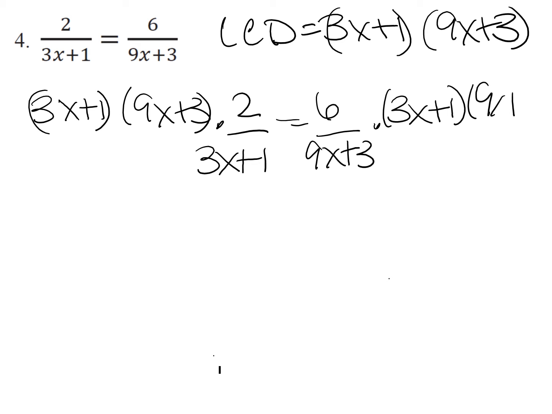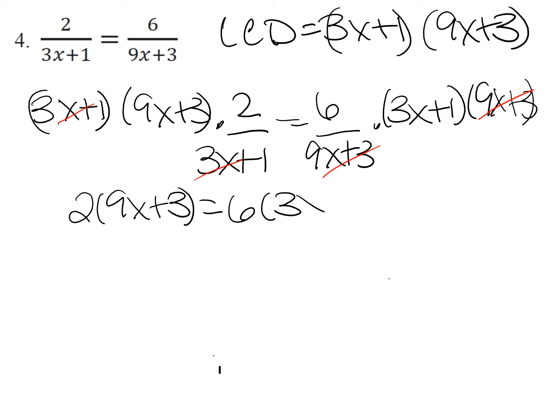Okay, so then I get this and this cancel, this and this cancel. I'm left with 2 times 9x plus 3 is equal to 6 times 3x plus 1.